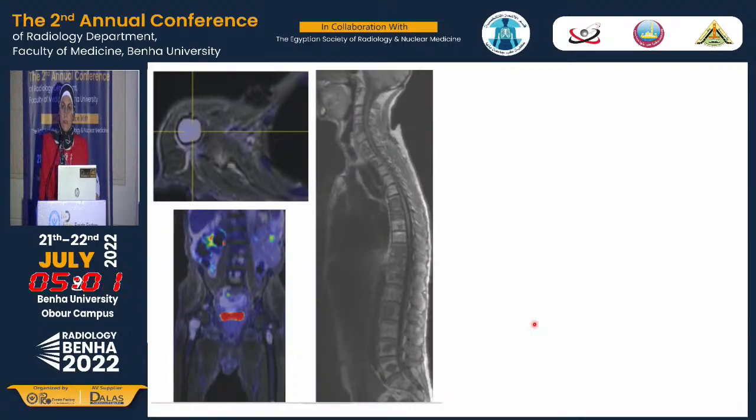As regards the osseous evaluation in this patient, these are multiple osseous mucin-containing deposits seen all over the body. This is at the humeral head, and these are the femur, and multiple infiltrative marrow lesions along the axial skeleton as well.